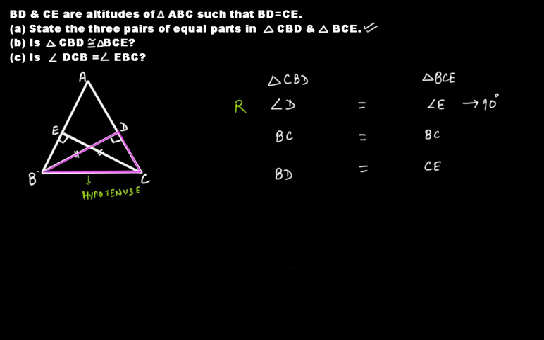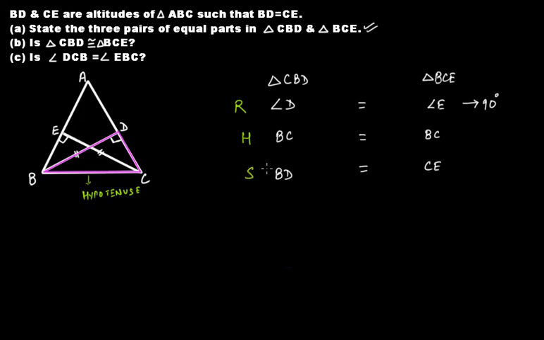In triangle BCE, angle E is at right angle and opposite to angle E is BC, and that's what we have written here. So two hypotenuses BC and BC, then it's H, and then BD is equal to CE. It means that the two other sides, apart from the hypotenuse, are also equal, BD and CE.